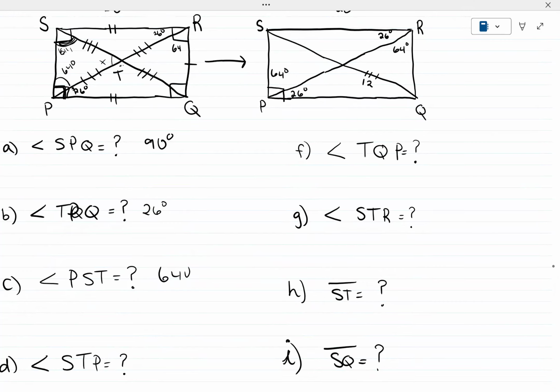So 64 plus 64 plus X, which is STP, is 180 because it forms a triangle. When you do the algebra, STP is going to be 52. Okay, so that was D.